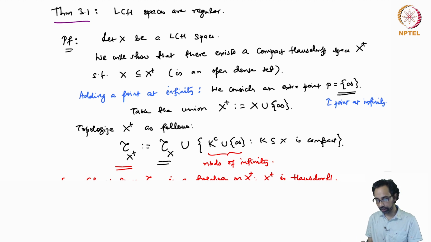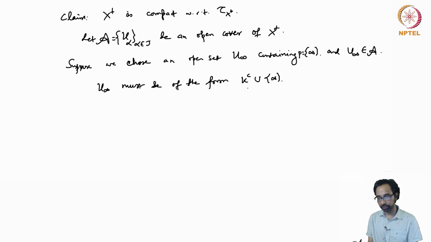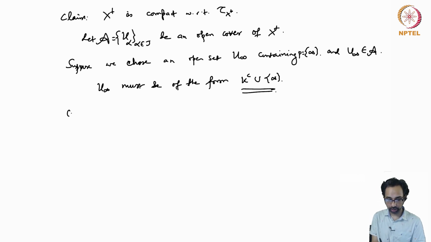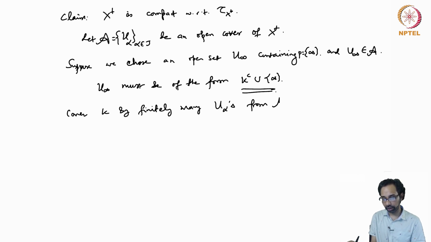Only these neighborhoods of infinity contain the point at infinity. So U infinity must be of this form, K complement union infinity. Now cover K by finitely many U alphas from the cover.